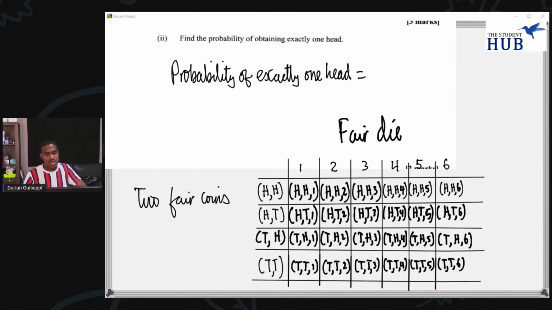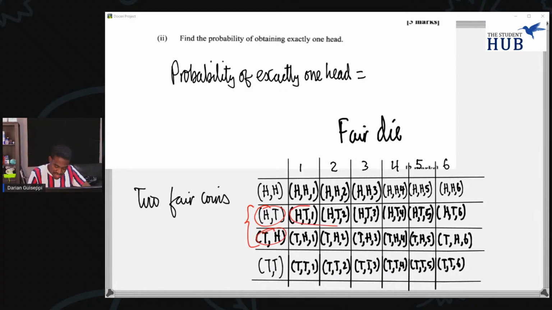Because if they want the probability of obtaining exactly 1 head, that would be this row here. If we look at it, exactly 1 head is obtained here and here.